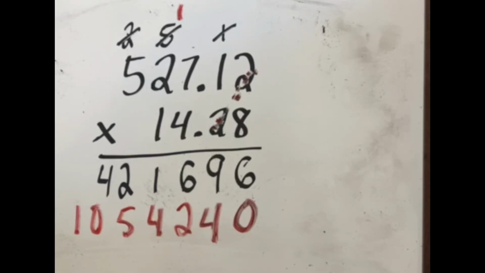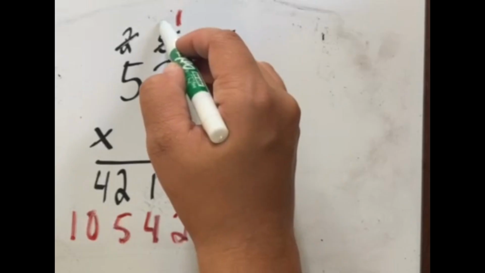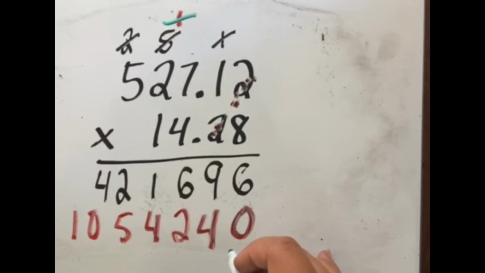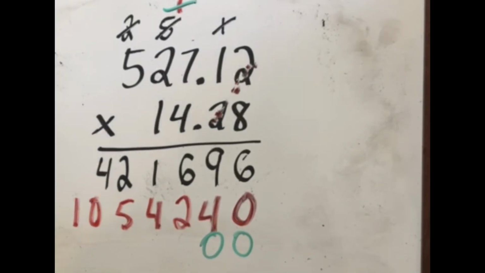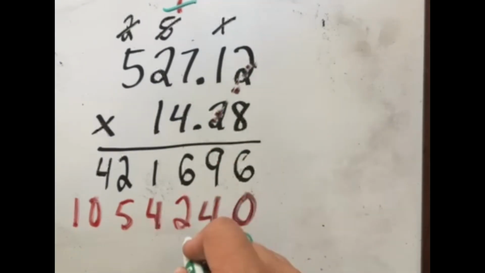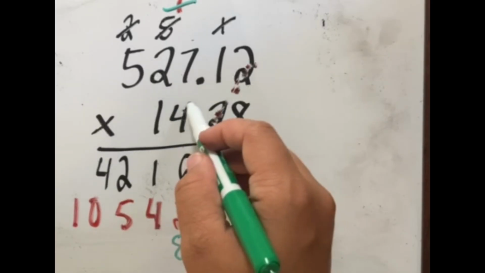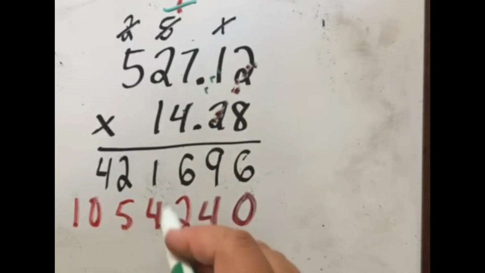Now we're going to start on our third row, which we're going to add 2 zeros, an additional 0 for this third row. And we're going to be dealing with the 4. So our first one, we're going to have 4 times 2 is 8. 4 times 1 is going to be 4.